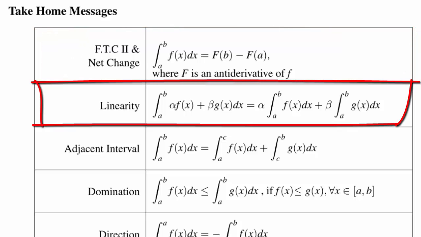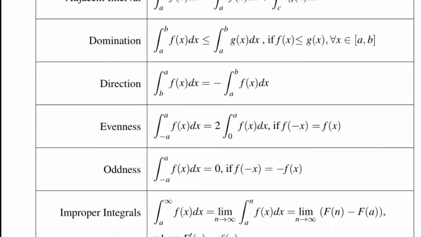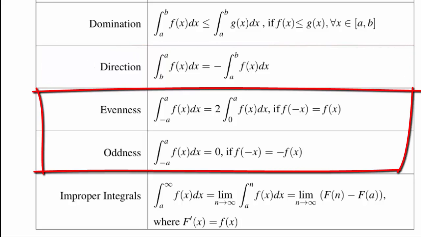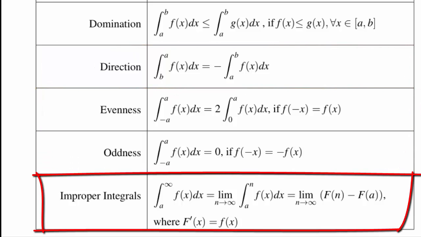The integral of a linear combination is a linear combination of the integrals, like direction change, like evenness and oddness. We also discovered that even improper integrals can be solved using this net change and the fundamental theorem of calculus and these properties. We just have to remember that when we're evaluating an improper integral, it's really a limit.